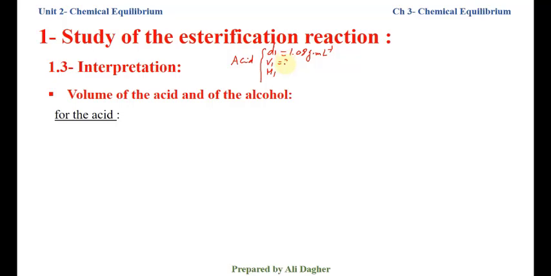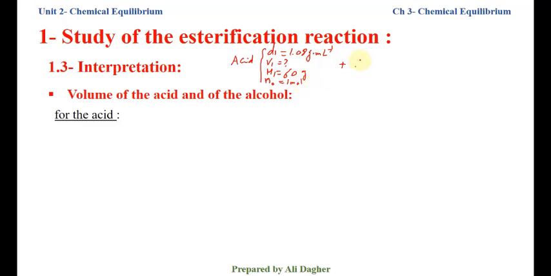V1 is unknown. Molar mass M1 equals 60 gram per mole for the acid, and N0, the initial number of moles, equal to 1 mole.